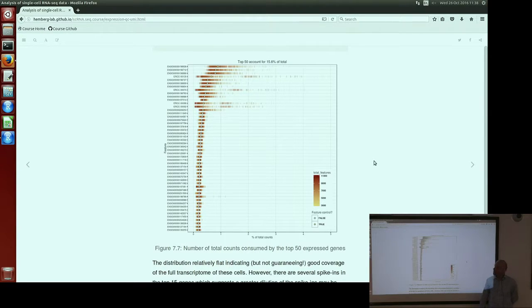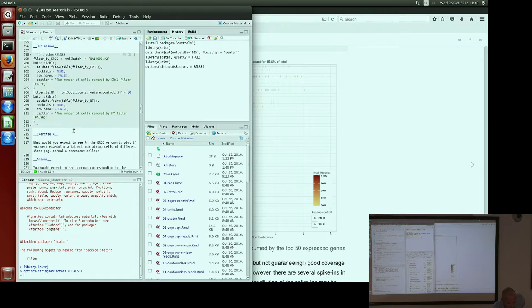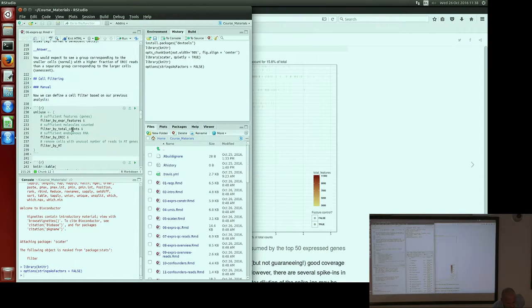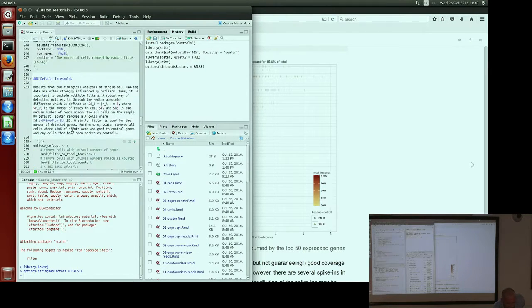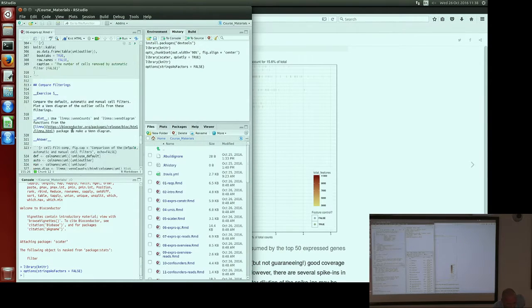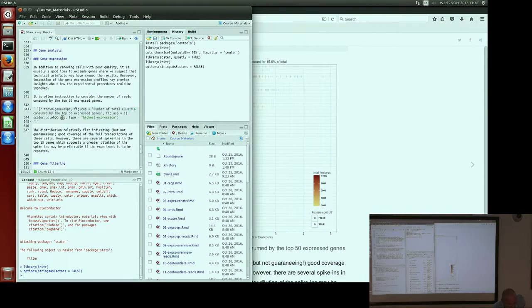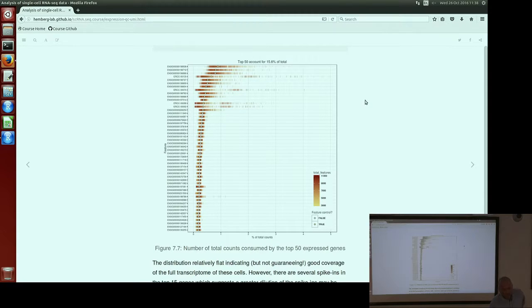That's a good question. Let me see. No, I think this is not after the filtering. We use all the cells here again, so we didn't filter it yet.